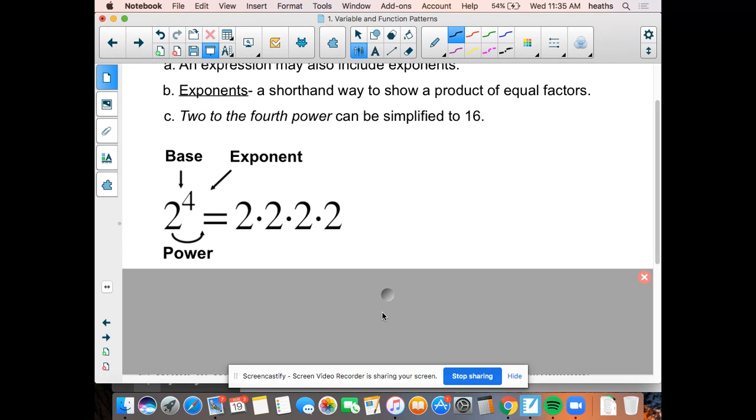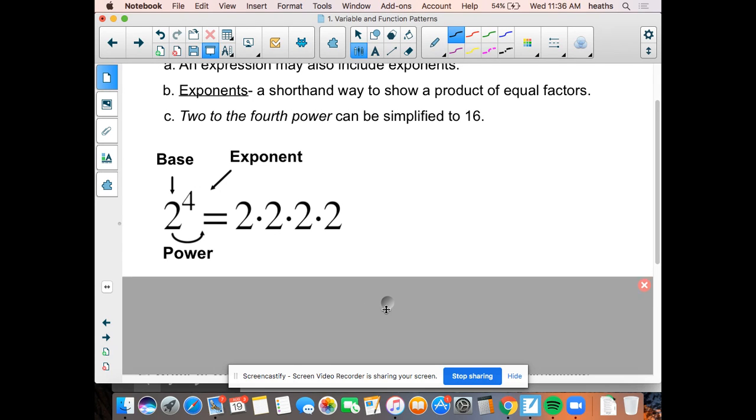Because what you're doing is taking the base, which is the larger number, and then multiplying the base by the exponent, or how many times that exponent tells you to multiply. So 2 to the 4th actually means 2 times 2 times 2 times 2. So you're multiplying 2 four different times. So 2 to the 4th can be simplified to 16.